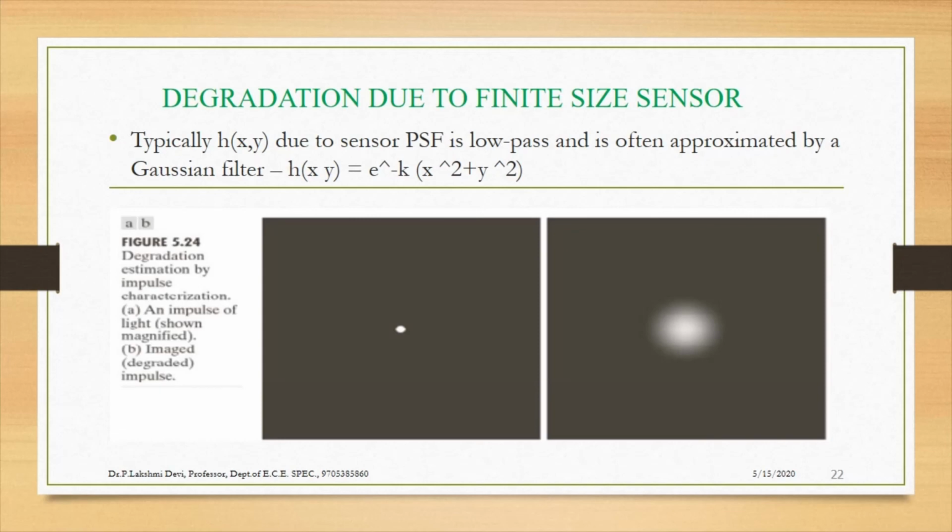Whenever we capture that image, that light actually has its quality degraded. If you observe the first image and the second image, the light is spread around it, which we call degrading the quality of the exact impulse of light that appears in magnified form in the first image. That is also one sort of degrading the quality of an image as compared to the first image.